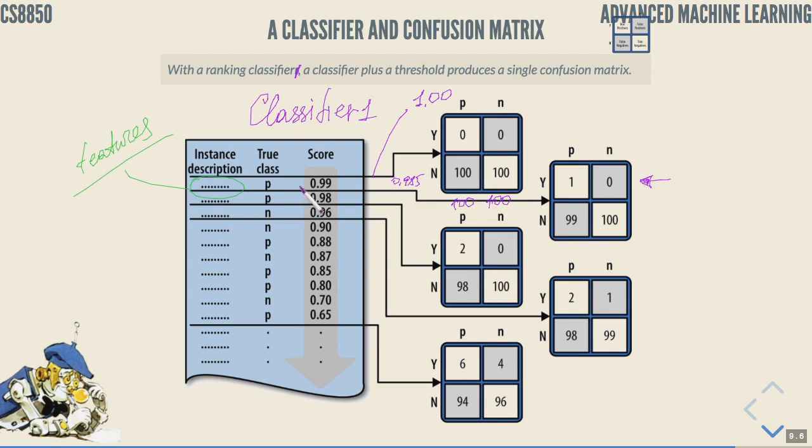And in this case, it happened to be true that the model is correct. It's assigned that one to the positive class, and it is in the positive class. So now it moved from false negatives to true positives, and we have 1 true positive and 99 false negatives.